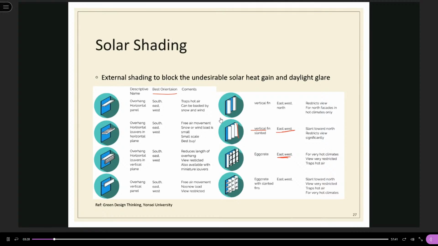So we may use these fins to block the sunlight coming at a low angle, and these can have a certain tilting angle so as to block these low angle sunlight.